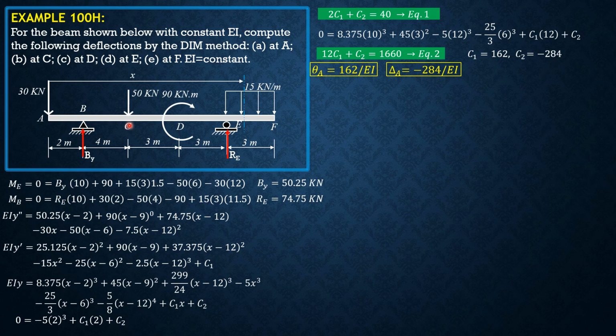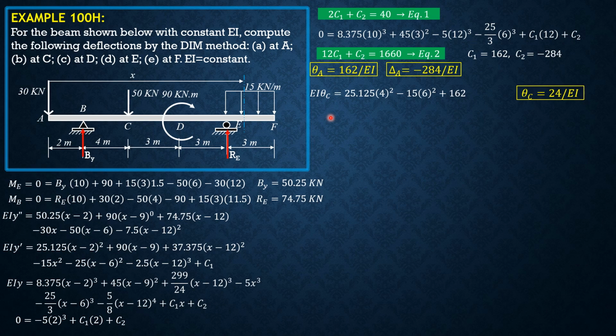Next, for the slope and deflection at C, set x equals 6. For the slope, EI theta C is equal to 25.125 times 4 squared, minus 15 times 6 squared, plus C sub 1, which is 162. So theta C is equal to 24 over EI.